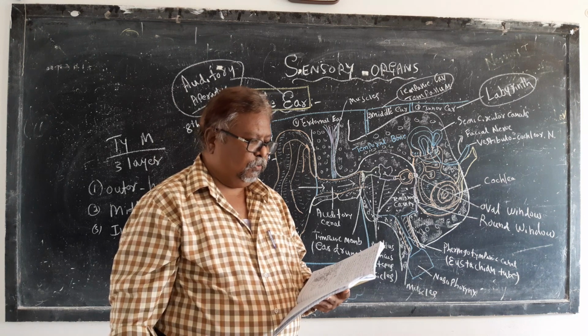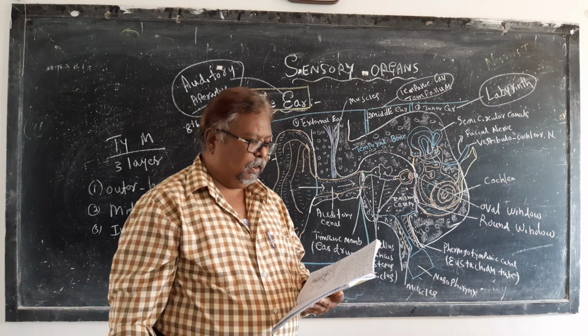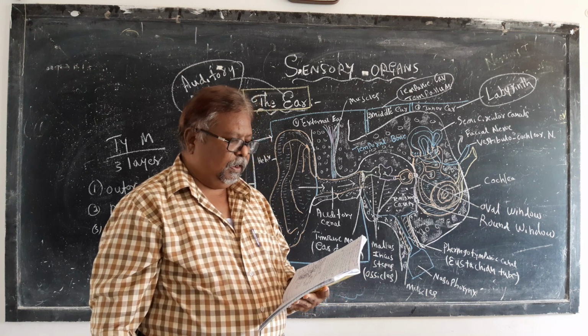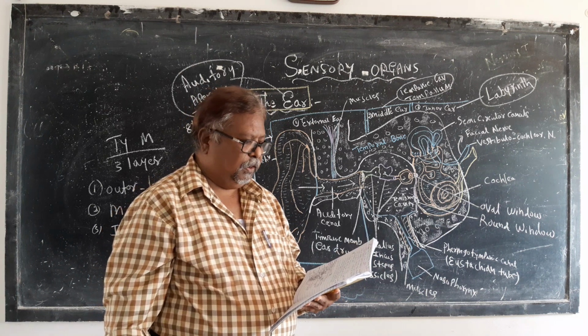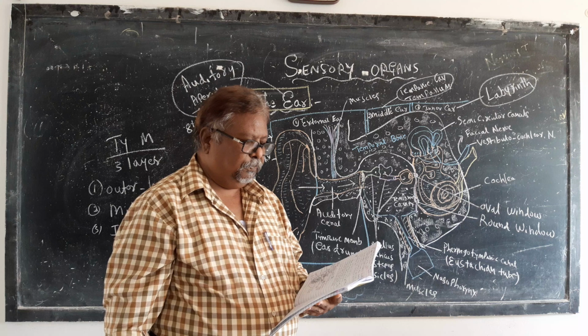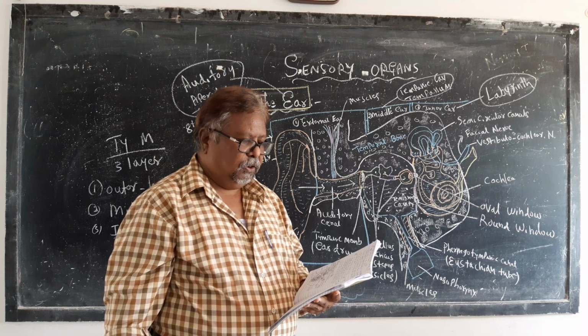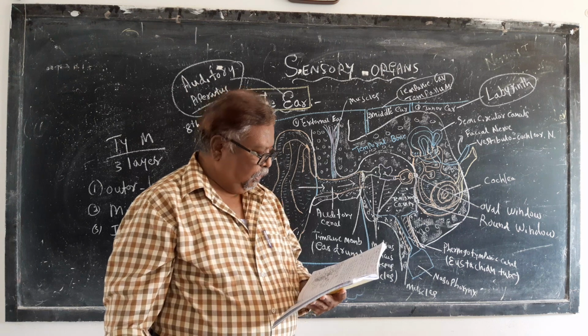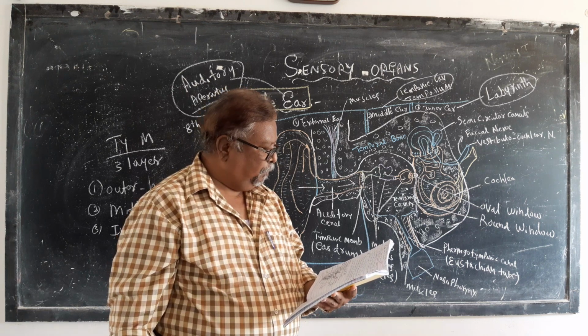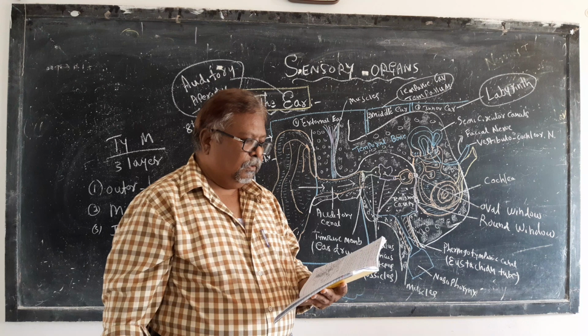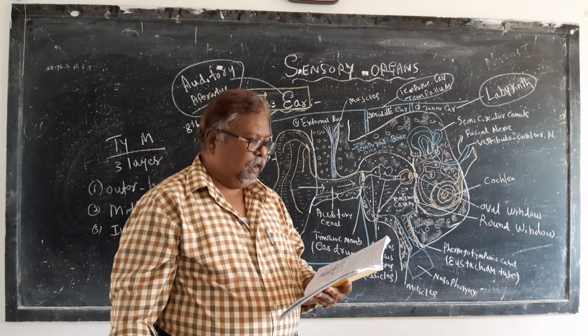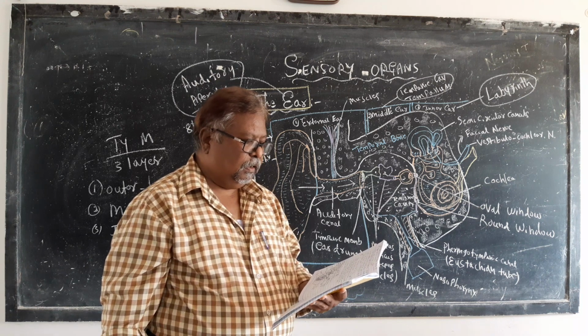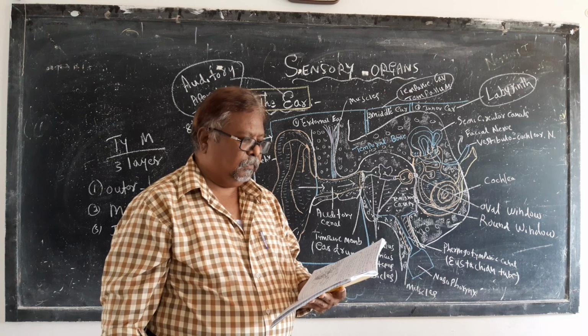The inner ear is divided into three main regions: the vestibule containing the utricle and saccule, the three semicircular canals, and the cochlea.